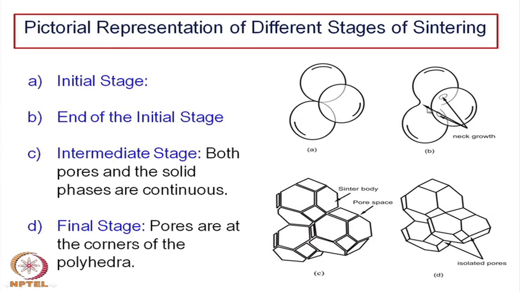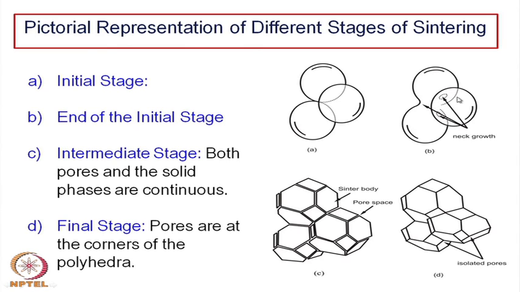Here you can see some neck growth. That means the two particles which were in point contact now have an increased contact area from this to this. This is actually a circular contact; in 2 dimensions we are seeing only the line. In addition, there are 3 particles, so you have a contact area somewhere there and another contact area there.